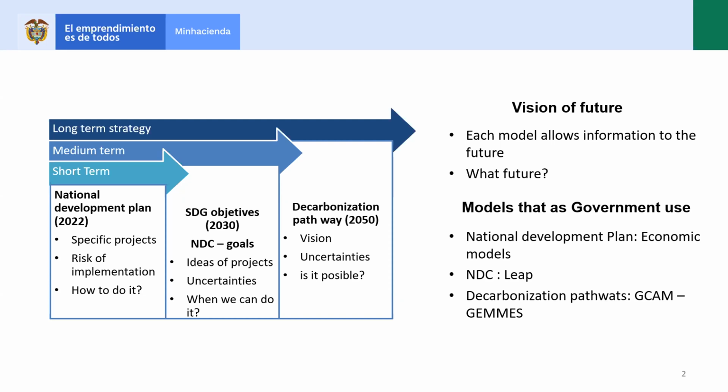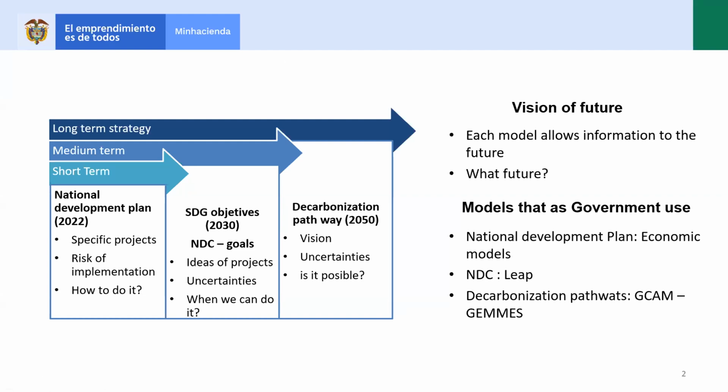And when we discuss the long term, as a vision for the pathway to decarbonization, we need a vision, and the uncertainties increase. And the next question is how to make that possible. So with this in mind, we use different kinds of models: some that we developed, and others that bring other ideas.